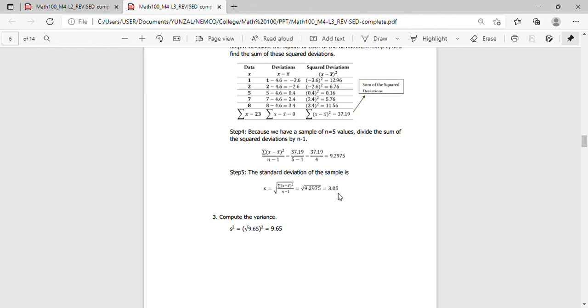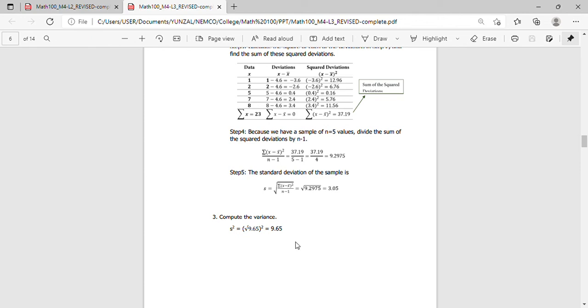That is just s squared. Pasabot, we have here 9.65. That is equal to 9.65. Again, kining standard deviation, 3.05 man ang imo standard deviation, right? I-square na nimo siya, and that is now your answer for the variance.